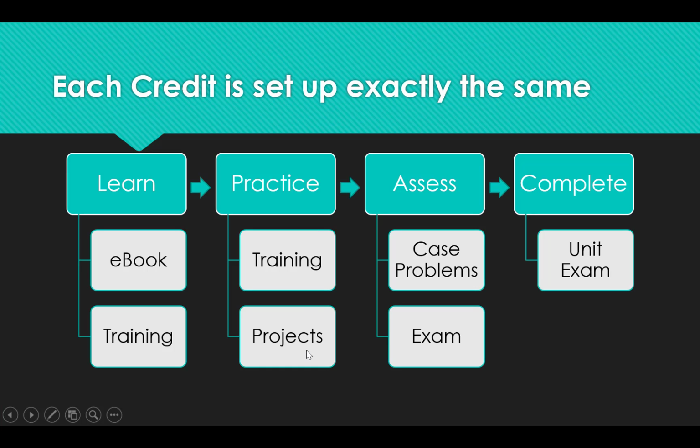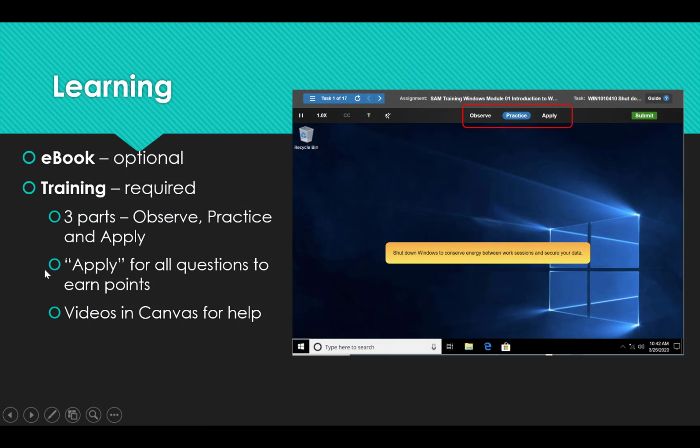We'll also do a series of projects that will help us practice what we're learning. We'll assess your learning using case problems and an exam. And at the end of every credit, to complete it, you'll take what's called a unit exam. So let's look at each of these components separately.